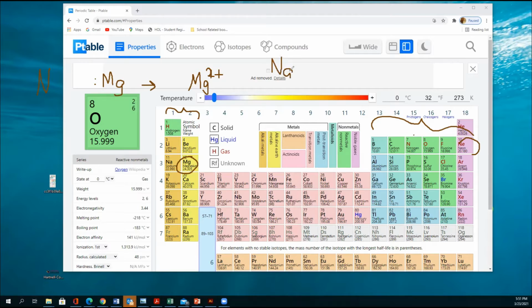Okay. Sodium. How many valence electrons does sodium have? Just 1. If it wants to be like neon, how many electrons does it need to lose? 1. So if you go to Na+, then that guy is just like neon.